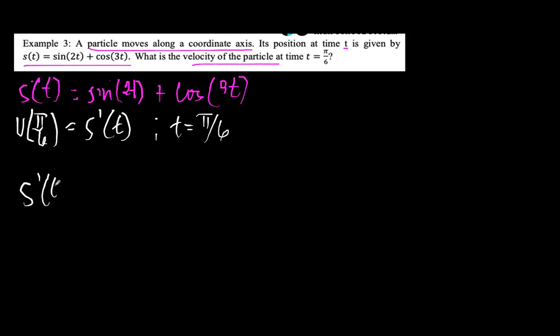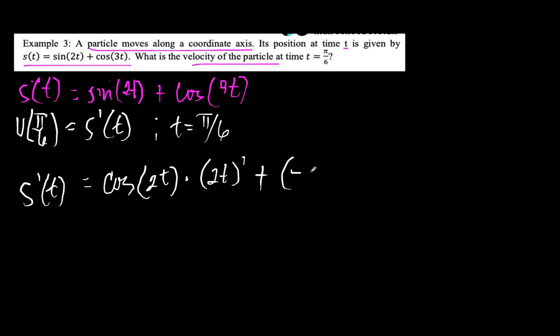s prime of t is equal to, what's the derivative of sine? The derivative of sine is cosine, copy, and let's not differentiate the inside right away. So plus, the derivative of cosine is negative sine 3t times (3t) prime.